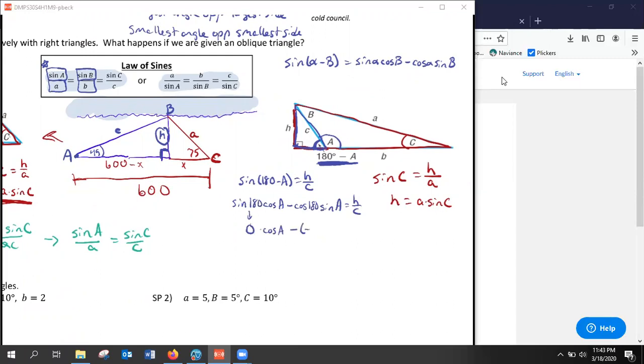Cosine of 180 degrees is -1. And I do show that now I have the positive sine of A is H over C.